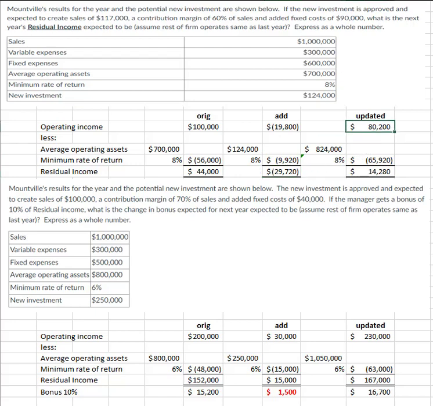And then the updated here is going to be the operating income before the investment plus the operating income impact of the incremental investment. And then this is the 700,000 plus the 124 times the 8%, or you could add these two up either way.